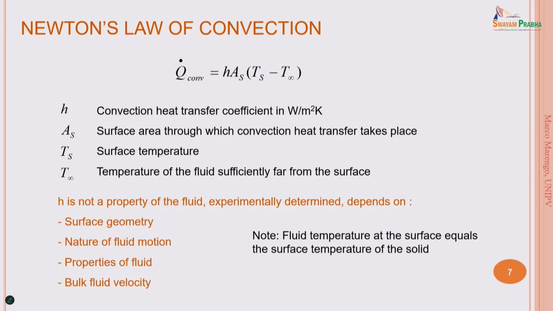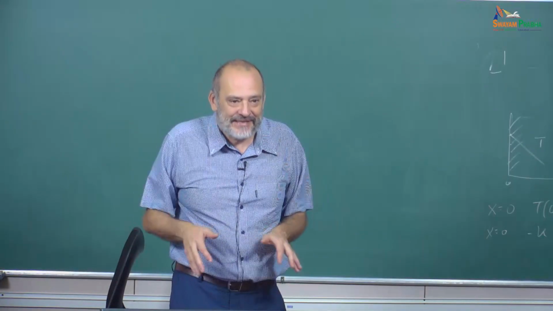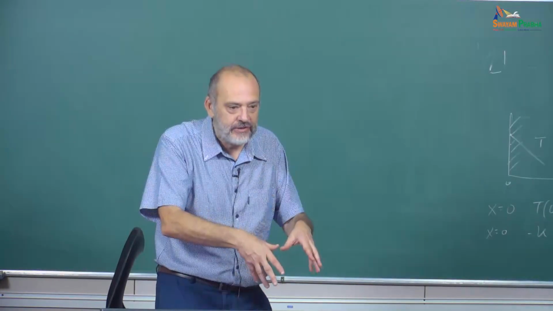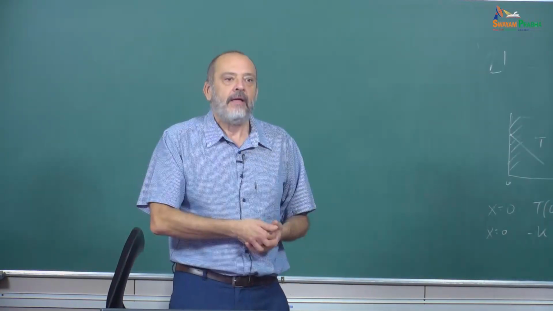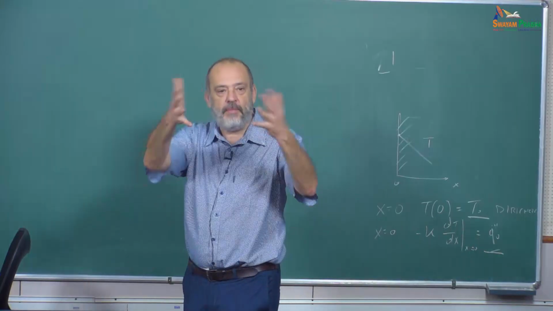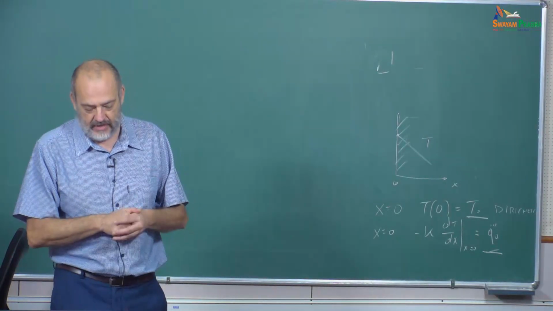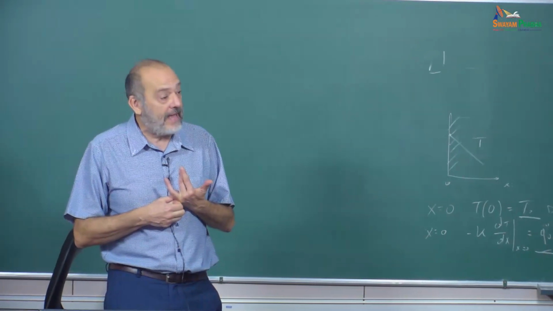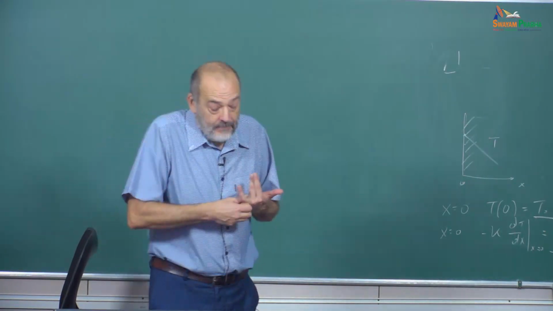h is not a property of the fluid, like conductivity for the solid, the fluid, and the gas. This is something else. It depends on many, many characteristics. We are studying sprays and droplet impact, for example, to cool a surface, and then we have an h that depends on many parameters: the dimension of the droplets, the velocity with which they are impacting on the surface, the natural fluid motion, the surface geometry, how the surface is made, the roughness, the contact angle, the wettability of the surface, and the properties of the fluids.